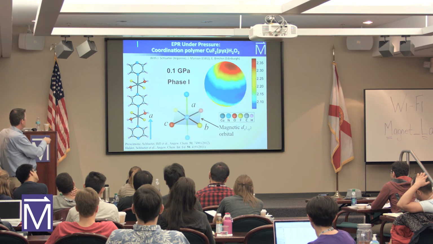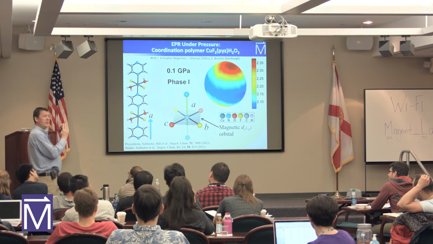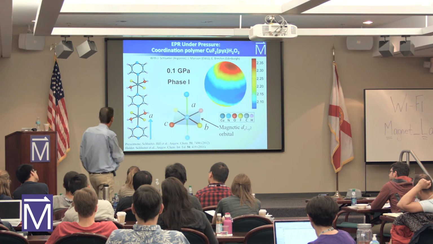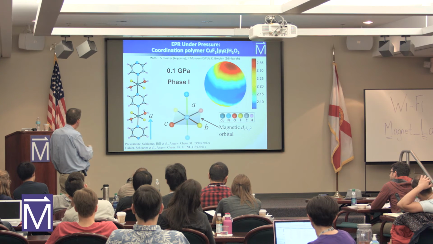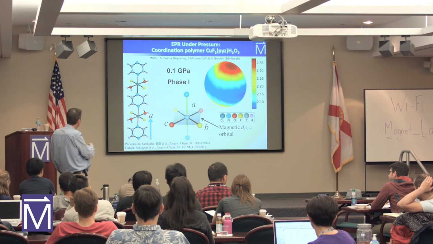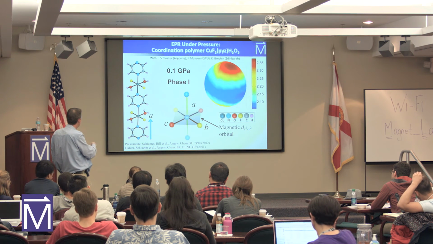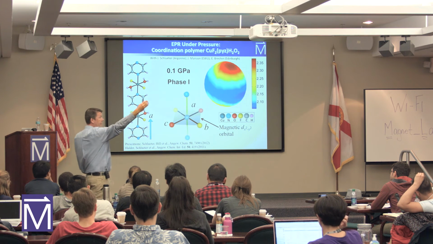So this is just one chain, but in the crystal of this material, there are many of these chains that just form a 3-dimensional network. And there's fairly good magnetic communication because the electron lives in this plane, where this gray plane is here. There's pretty good communication between the electron in this copper and the one on the next chain and the next chain and so on.